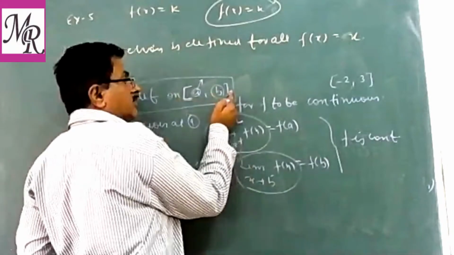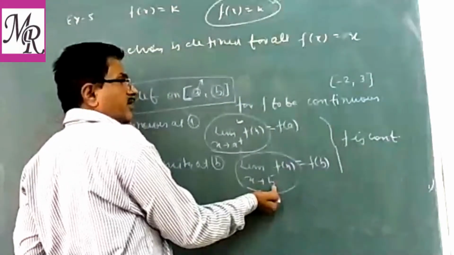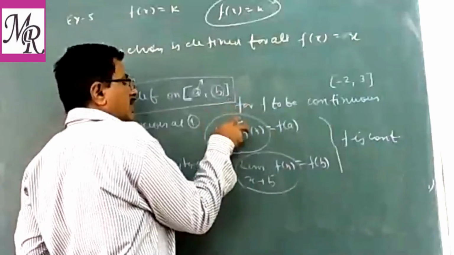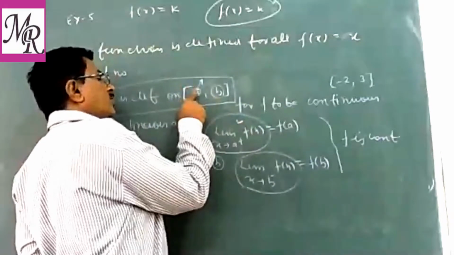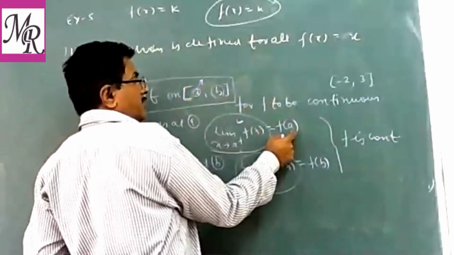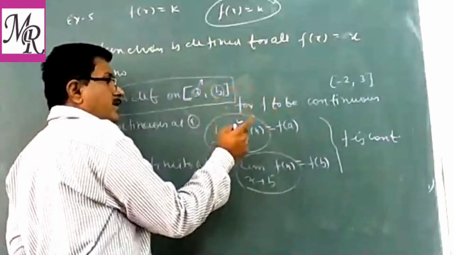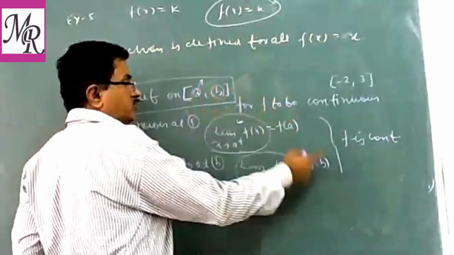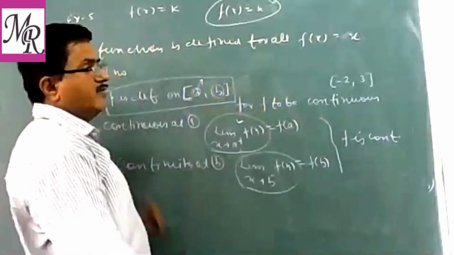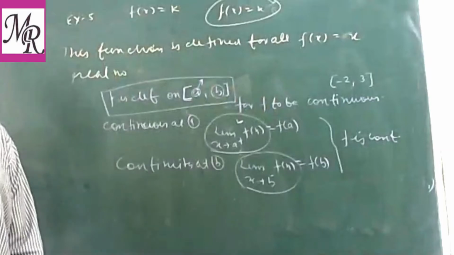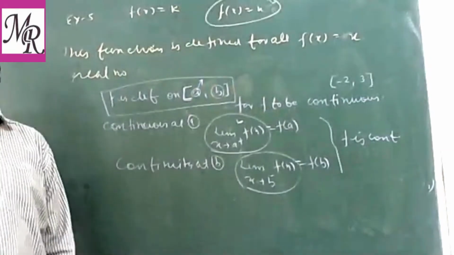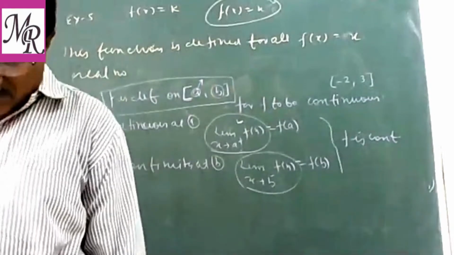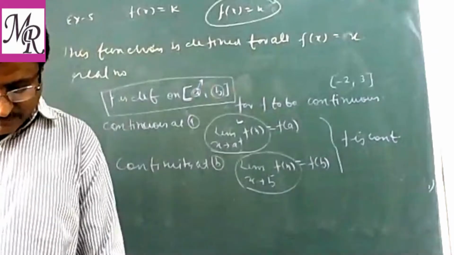B से बड़ी वैल्यू नहीं दे रखी है, that's why we are not finding it here. So only the right hand limit at the lower point should be equal to the value of the function at that point, and the left hand limit at the upper point should be equal to the value of the function at that point. Then you can say the function is continuous. This is clear?